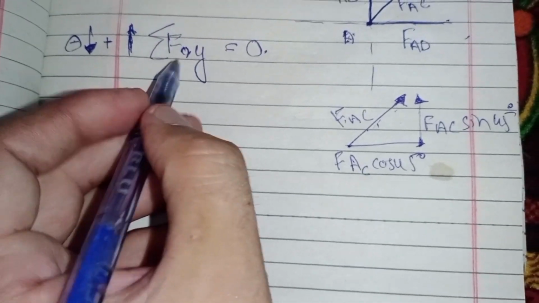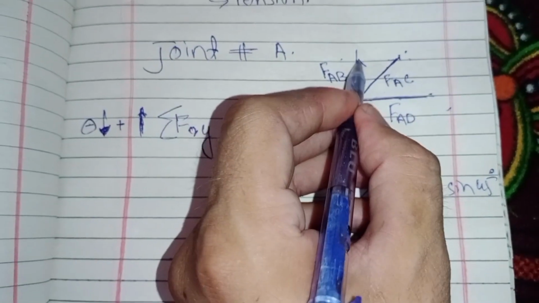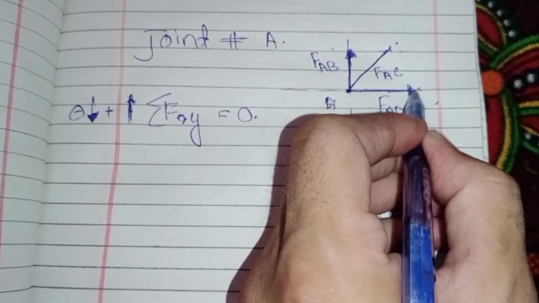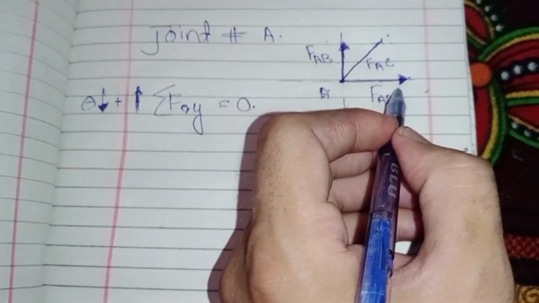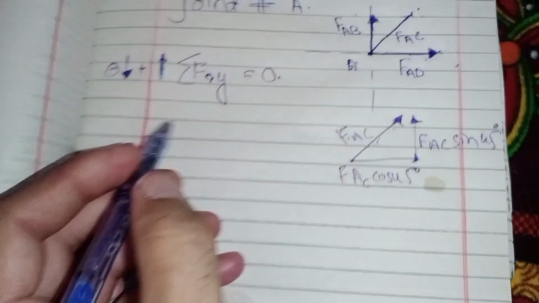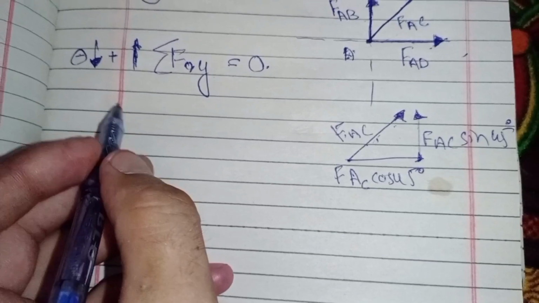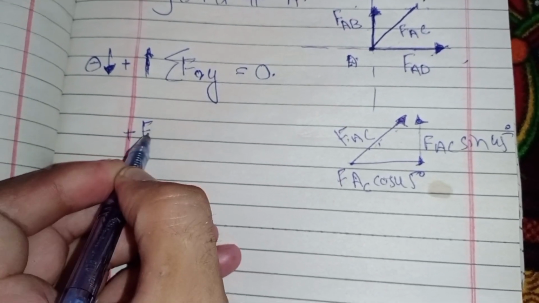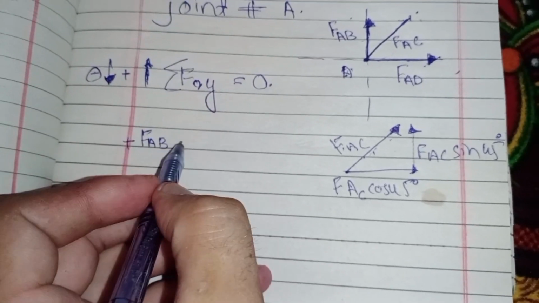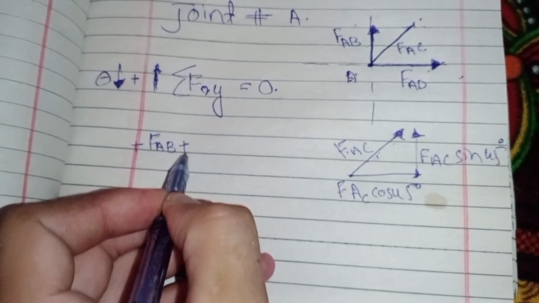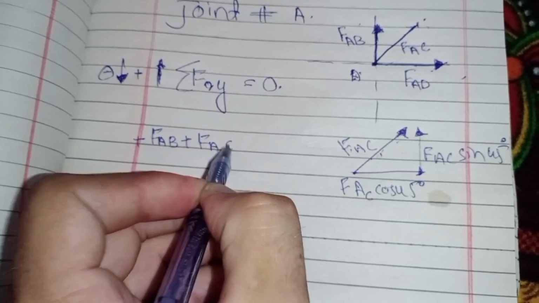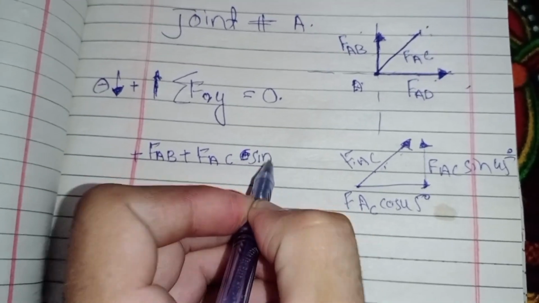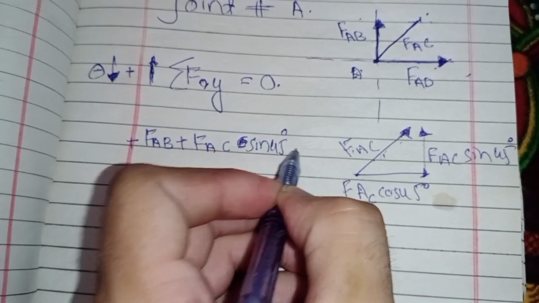So this is also, I assume, in tension, and I will take a negative sign with it. So all vertical forces: positive FAB and also FAC sin 45 equal to 0.